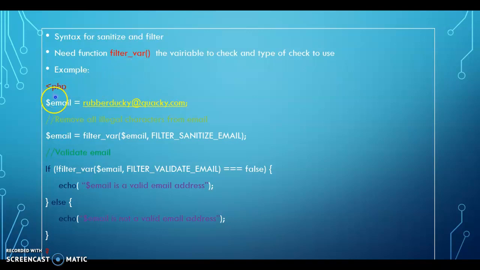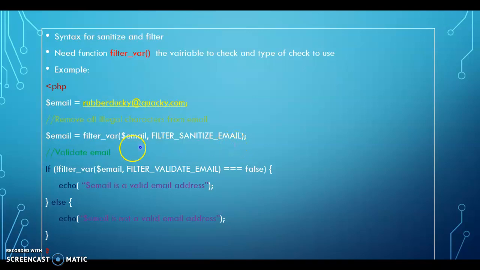In PHP, this is going to be our var as email, and we want to sanitize rubberducky@quacky.com. So we're going to do email, and we're going to use filter_var because this is our function. We're going to do the email, which would be our variable, and we want to filter and sanitize, and we want to make sure that it's an email.